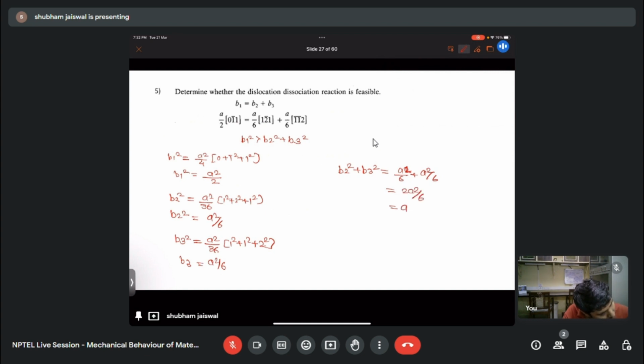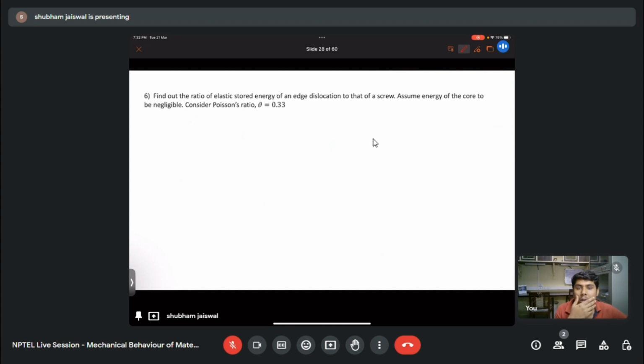It means a square by 3. So as a square by 2 is greater than a square by 3, the reaction is feasible. Okay. Now here comes the interesting question.